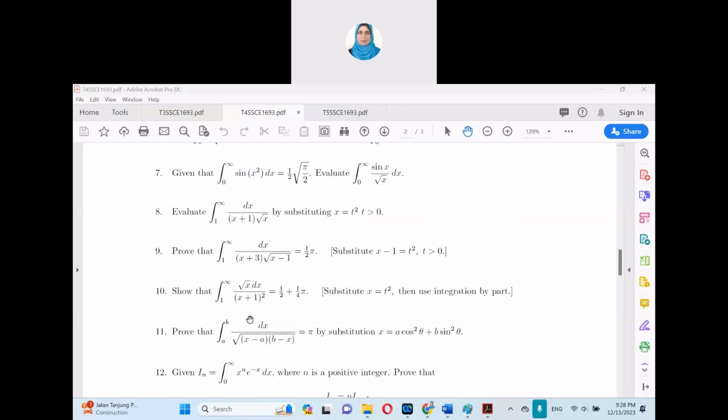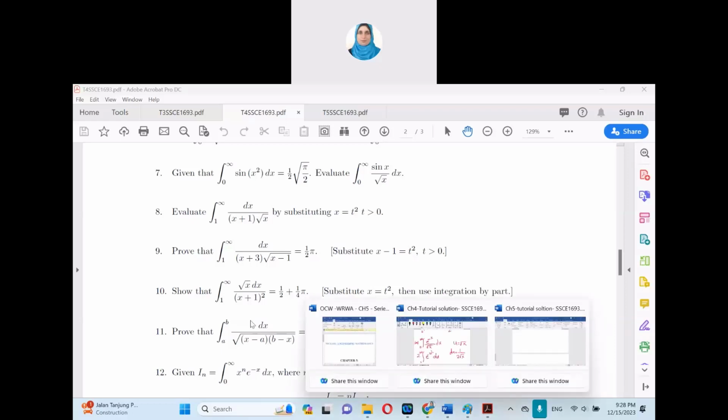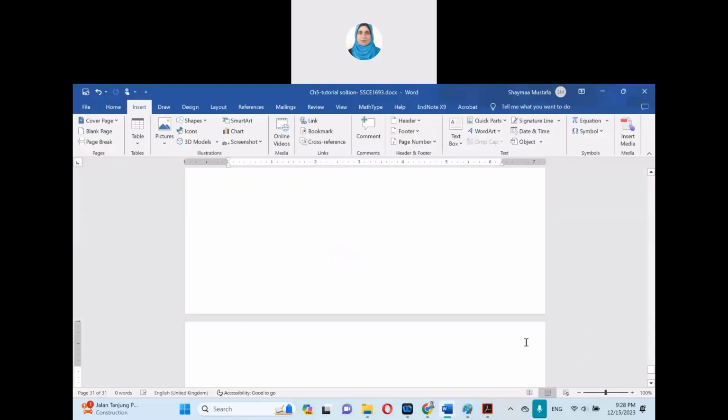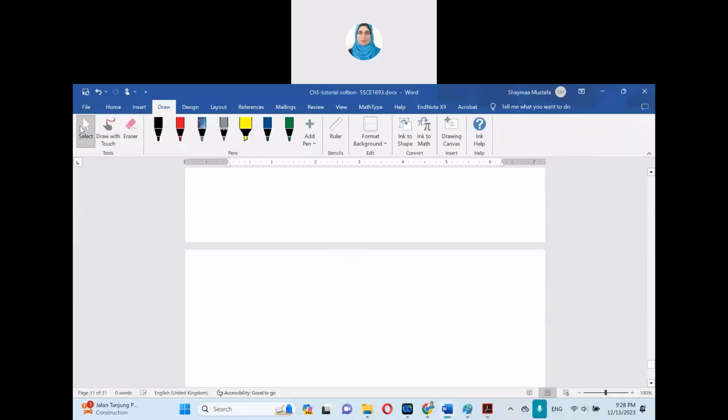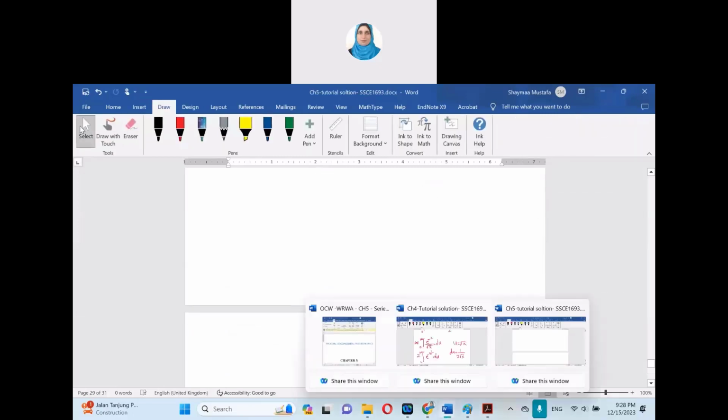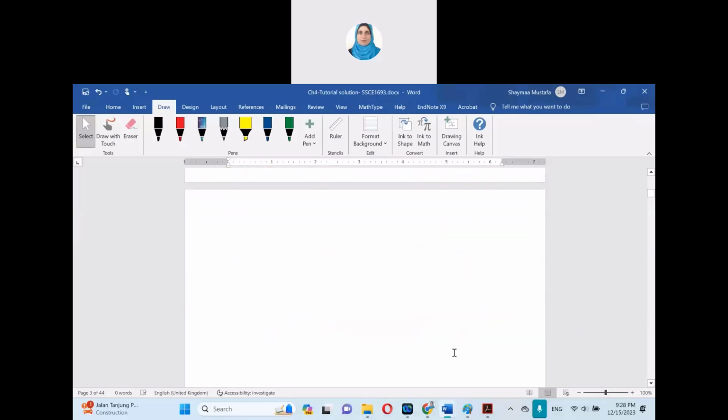This is exactly what we saw just now in question 5D. Similar to this one. Okay, we need square root of x equal to t squared, so we take x equal to t squared, and you will have the same integration. Okay. Question 10.